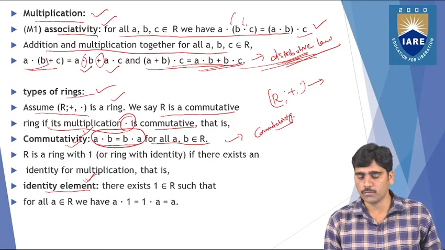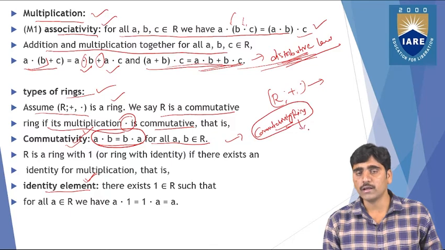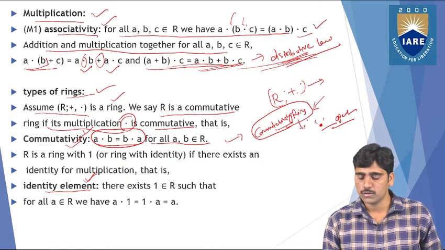So it is one type of ring. If a ring satisfies the commutativity property with the dot operation, then it is said to be a commutativity ring. As we discussed in the abelian group, if it satisfies A plus B equals B plus A with respect to the addition operation, then it is an abelian group.